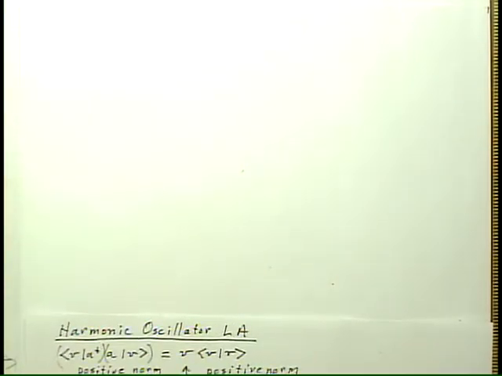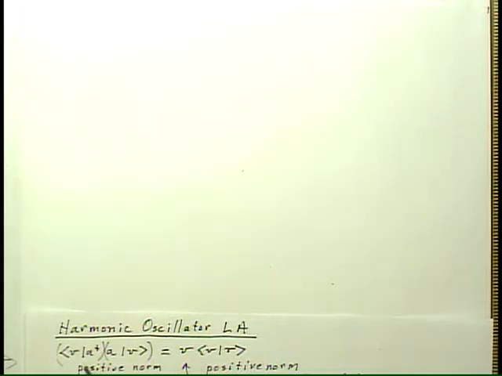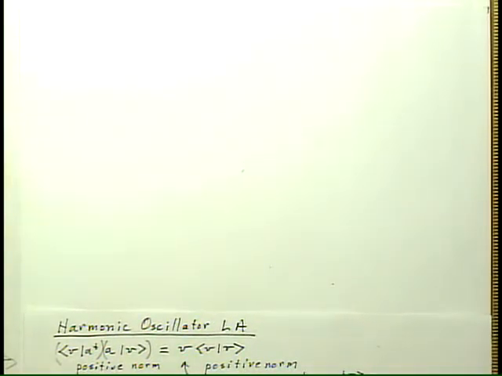We next look at the following construction in our harmonic oscillator Lie algebra. We take A times nu times its conjugate in the dual space, which is the bra vector nu with an A dagger acting upon it. And this product we know already is nu times nu.